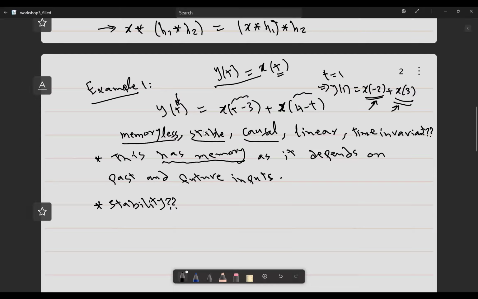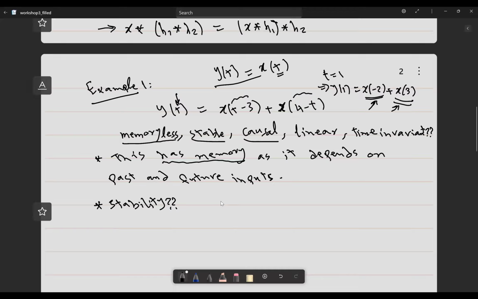Like from the word itself, a stable system should not explode. So if you give it an input that's bounded, it should give you an output that's bounded. The value should not explode, like giving me infinity for a finite input. So a stable system will produce a finite output when the input is finite or bounded.